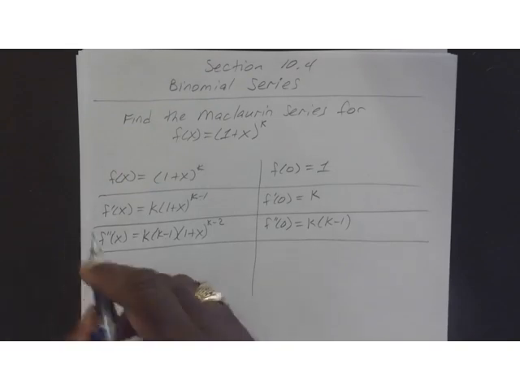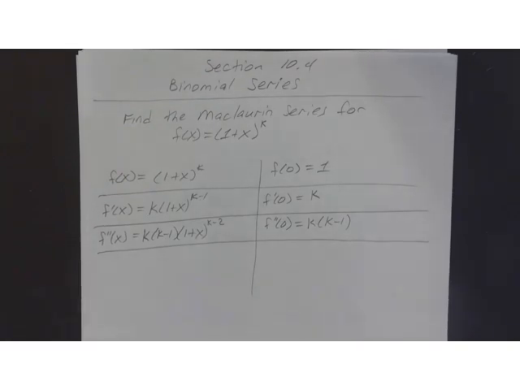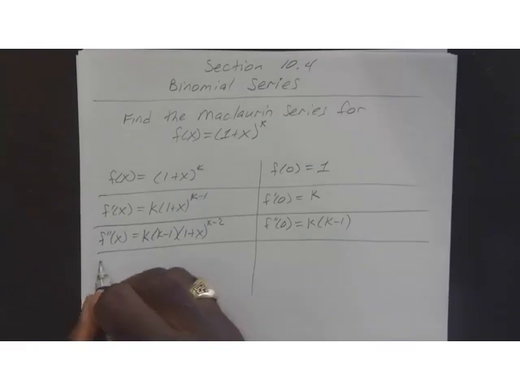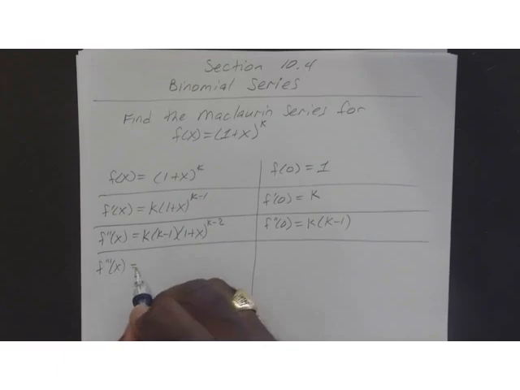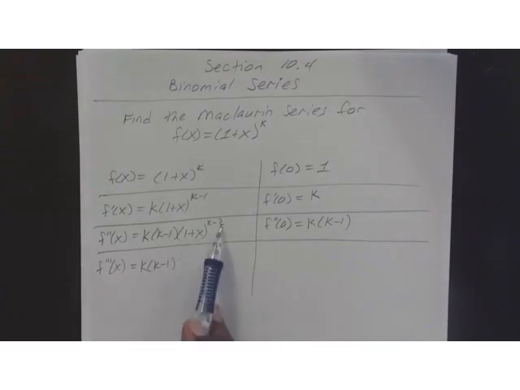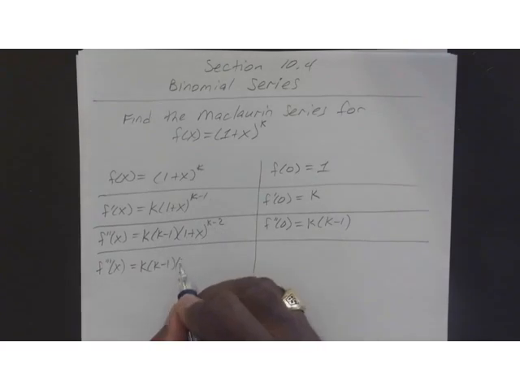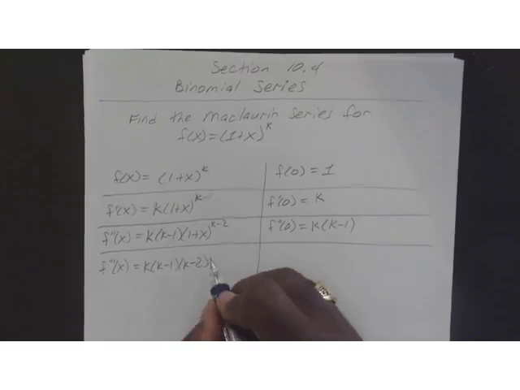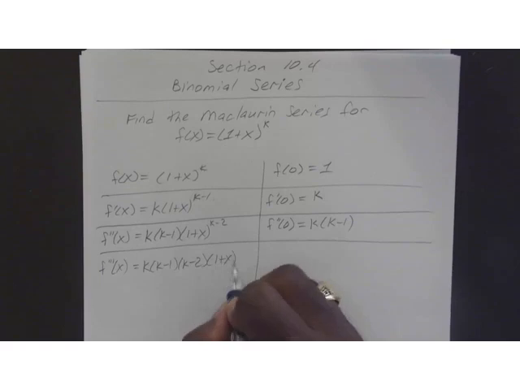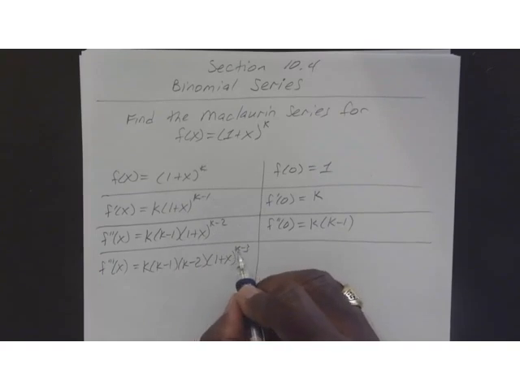If we wanted to do the third derivative, the third derivative of this function is k times k minus 1, those constants that are already there. So for this derivative, we bring down the k minus 2 times 1 plus x to the power of k minus 2 minus 1, which is k minus 3.